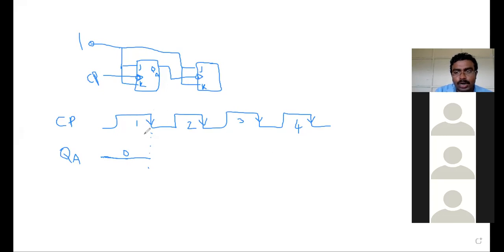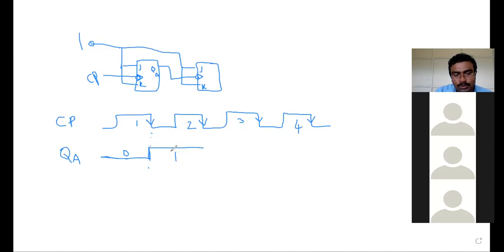Now triggering has to occur, and that will happen only at negative edges since I am considering negative edge triggering. Since my present state is 0, I will move to toggle state and my next state will become 1. That 1 will continue till I reach the next negative edge triggering.